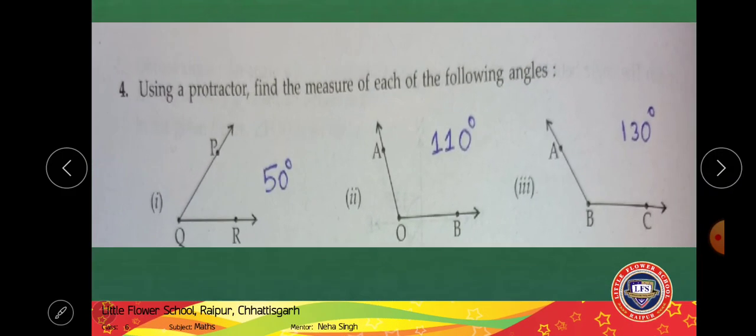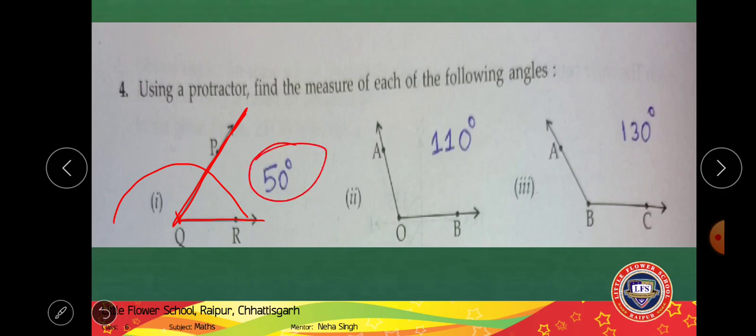Coming to the fourth question, using a protractor, find the measure of each of the following. Now, how are you going to measure with the protractor? You will keep your protractor here with the center line on this, and this line should be straight with the line of the protractor, and you will see the measurement here, which angle it is measured in the protractor.